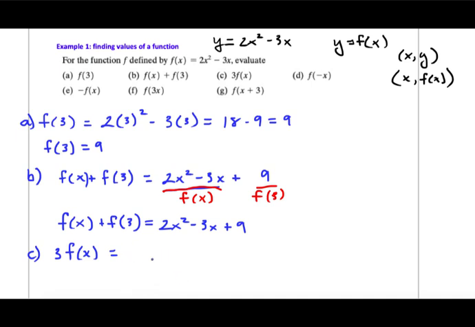So 3 times f of x is just going to be 3 times 2x squared minus 3x. Again, we're just substituting in this value for f of x, and we can simplify that and say that is 6x squared minus 9x. So 3 times f of x is 6x squared minus 9x.